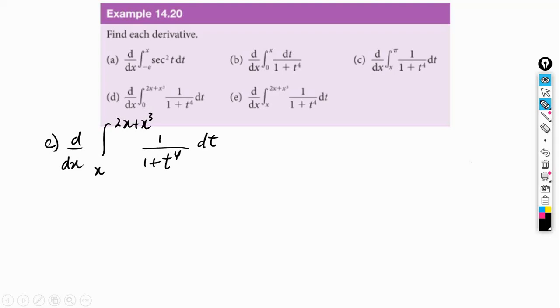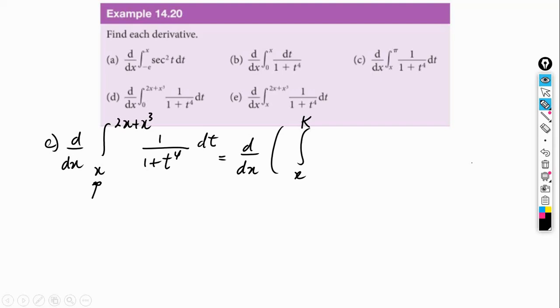So notice that we don't have a lower bound that is a constant, but we can play around with this and say that this is the same as the derivative of the integral from x to k, supposing that k is a point or a constant that is between x and the expression 2x plus x cubed.